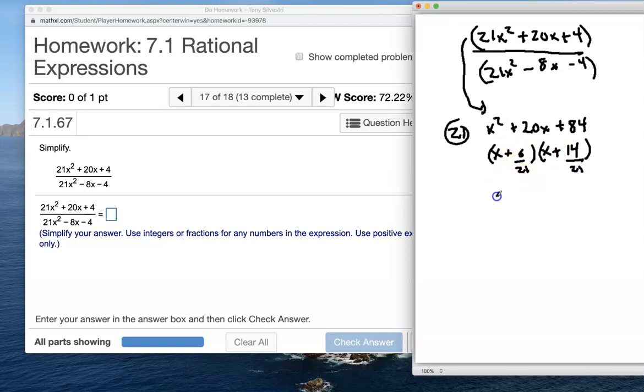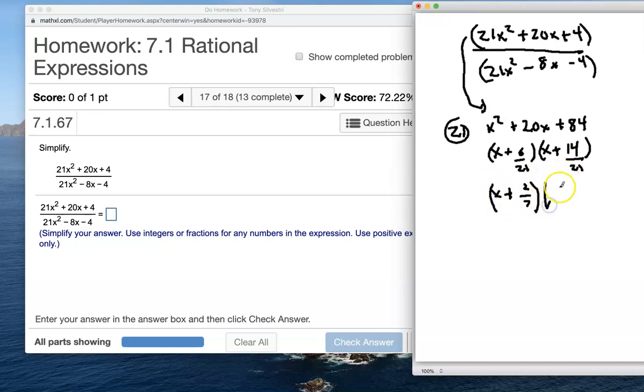Simplify the fractions. Divide top and bottom by 3, which is 2/7. Gotta simplify the fractions. And over here, I think I'm going to divide top and bottom by 7, which is 2/3.